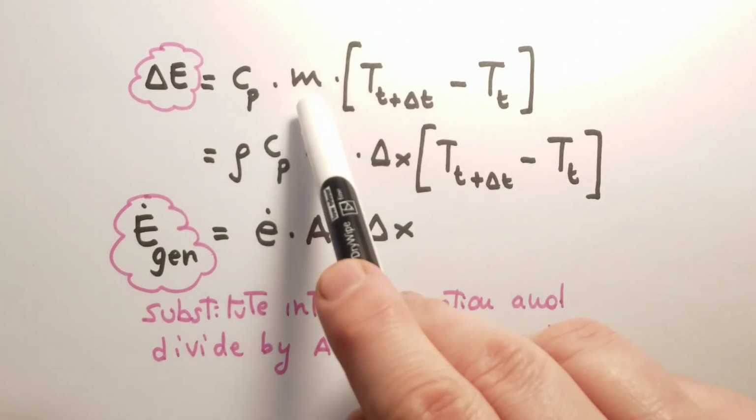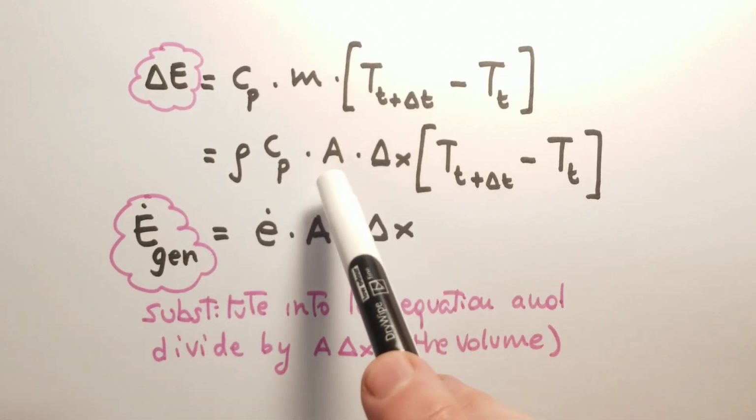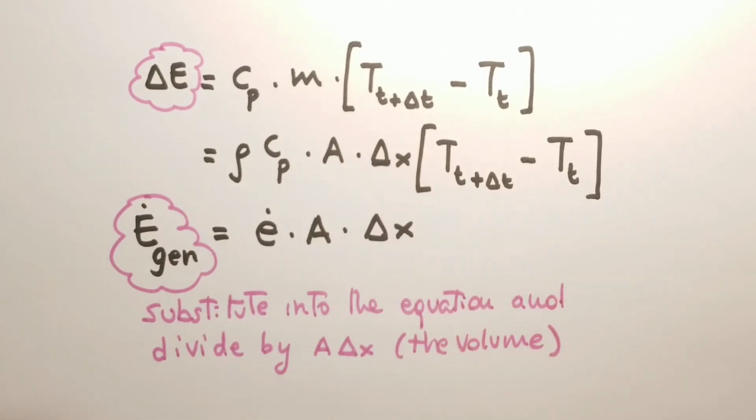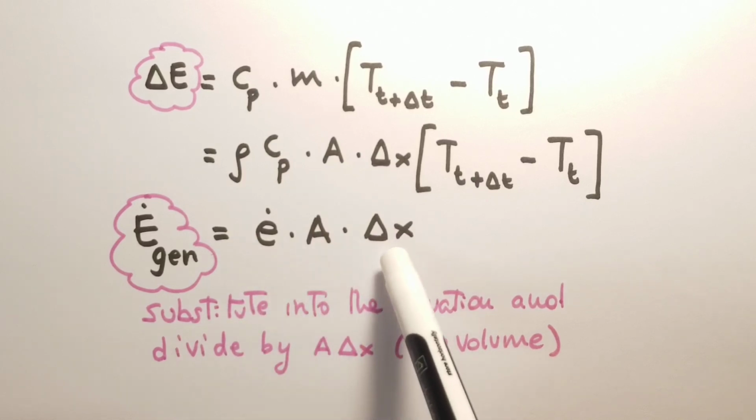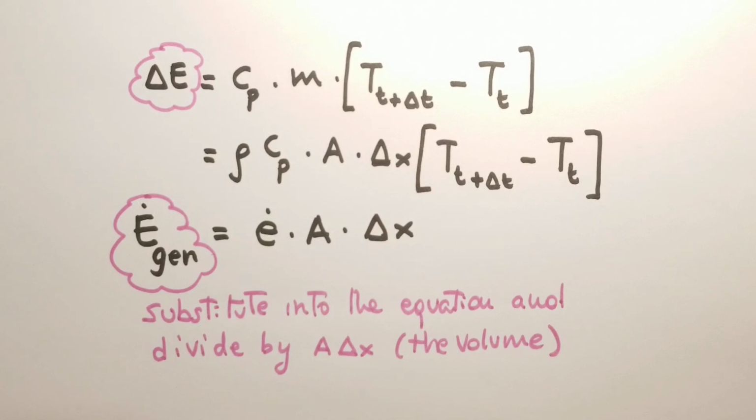If we write now the mass as the density times the volume, A times delta x, then we have a further expression for the thermal energy, or better, the change of thermal energy of the system. And the heat generation is now the local heat generation times A times delta x. So we can substitute this in the previous equation, and we find an expression.